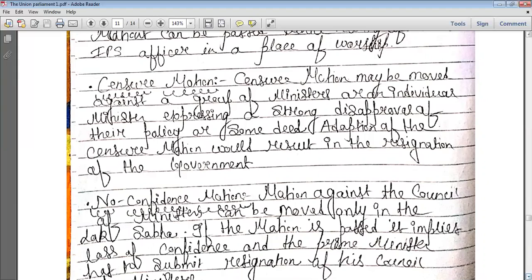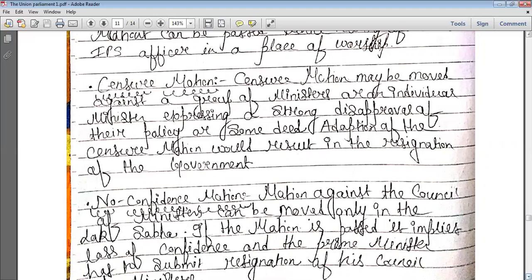So whenever we do any kind of project in our school, in our exhibition, whenever we work in a group, there is friendliness, and whenever any fault is done by any one member, that fault goes to the whole group. So like that, a censure motion can be passed against a group of ministers or against a single minister.